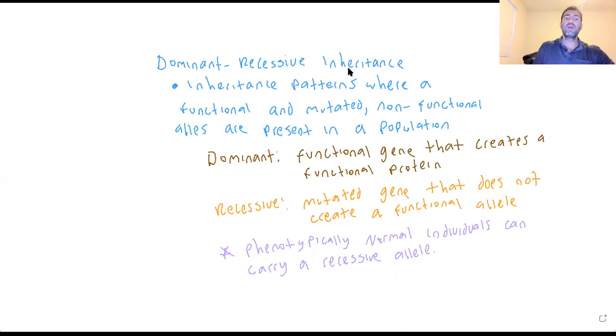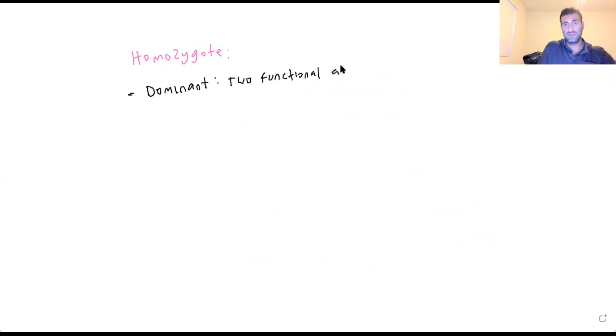Now, whenever we talk about dominant and recessive inheritance, we use the terms homozygote and heterozygote. In dominant and recessive inheritance, the homozygote, which we call true breeding, has two types, because remember, homozygote means two of the same allele. So one type we call dominant. And dominant means that two functional alleles are inherited.